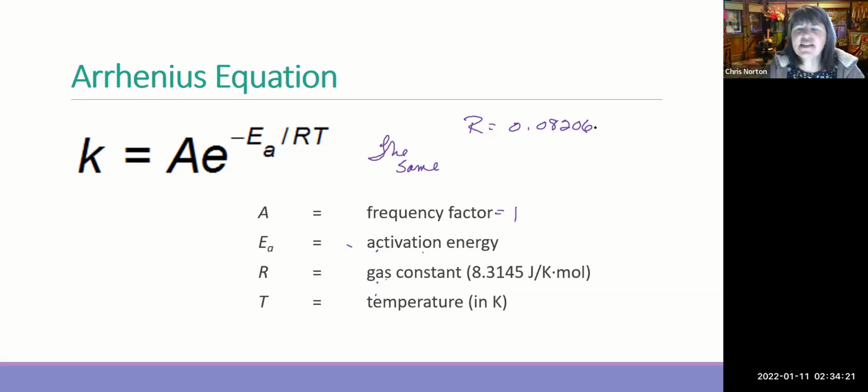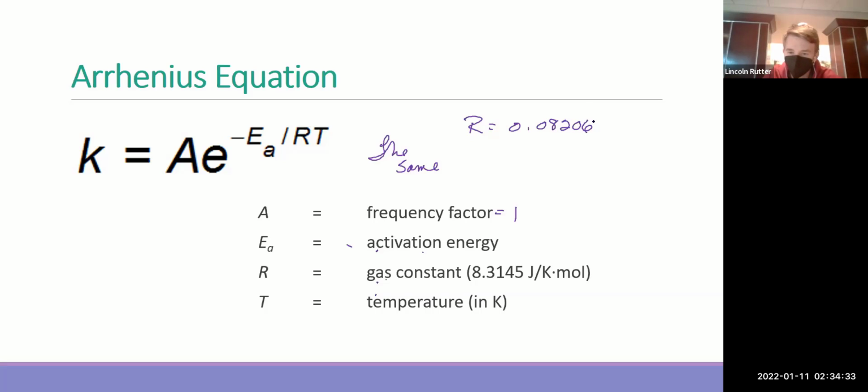Who's got the units of R? Lincoln gave them to me before. Lincoln, I was right, it was you, right? Did somebody other than Lincoln say something?